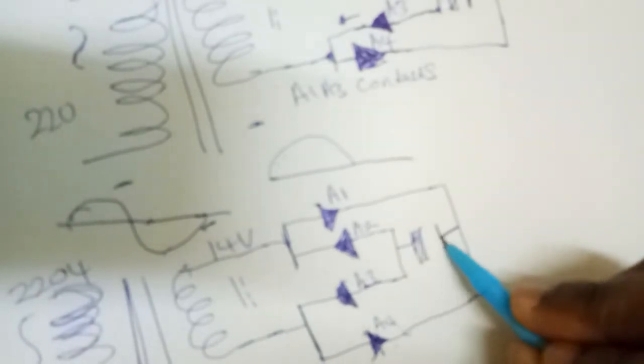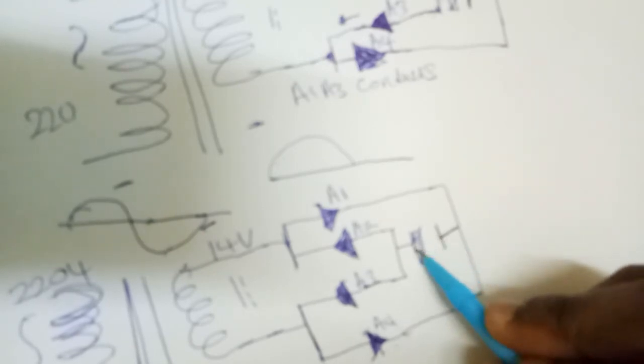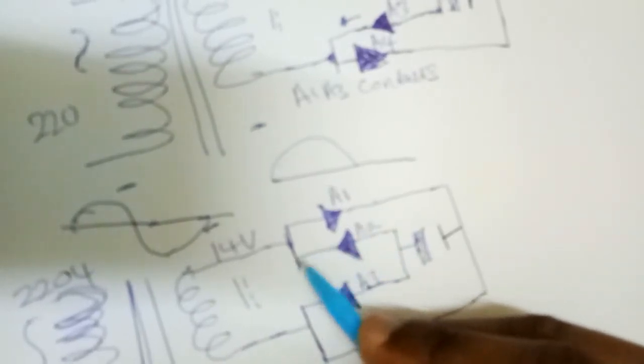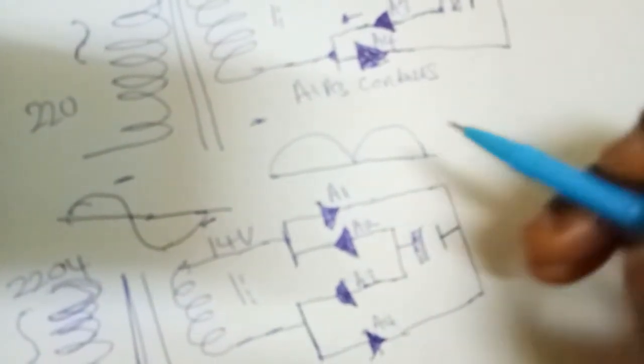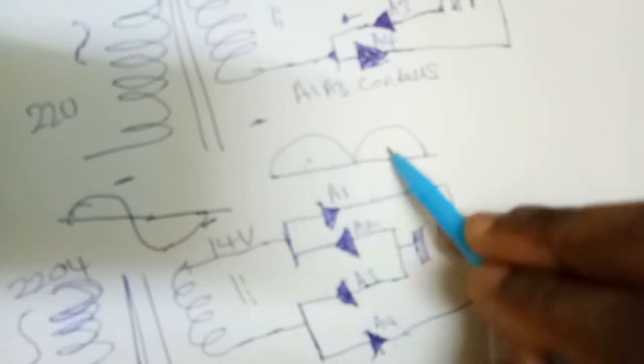It's from here, it enters the positive of the capacitor and moves to the negative of the capacitor. It cannot pass through here because here now becomes reverse biased, but this is forward biased. It passes through here. You get another ripple. So you get the full ripple.